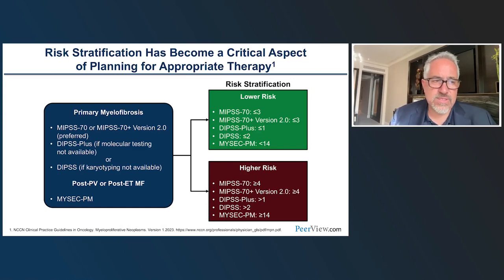Now, this is a disease that we manage largely based on the concept of risk as well as disease burden. With risk, there are innumerable different prognostic scores out there. Our current guidelines recognize that we can use these scores to guide therapy, but largely we triage patients to lower risk or higher risk, with higher risk being a greater consideration of transplantation and lower risk either observation or medical therapy.